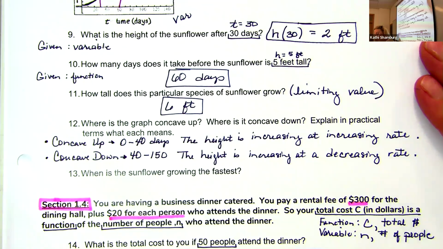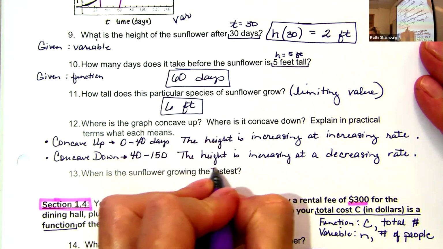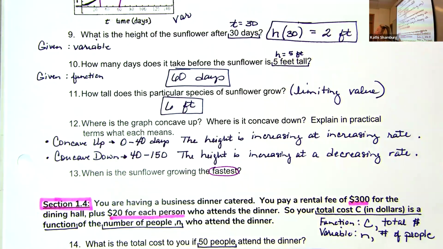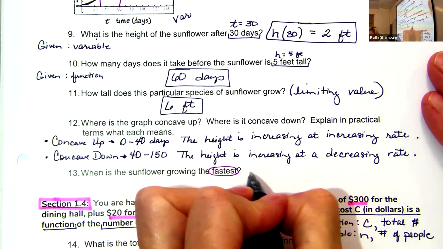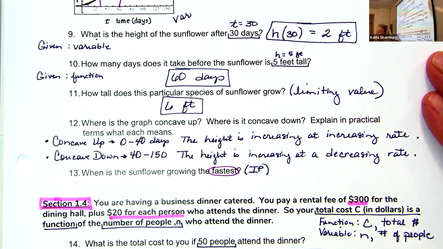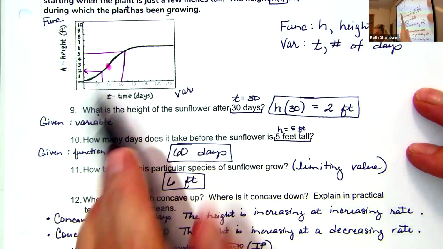All right, when is the sunflower growing the fastest? At the inflection point. This is at the inflection point, which we define that at what? 40 days. Where our inflection point was.